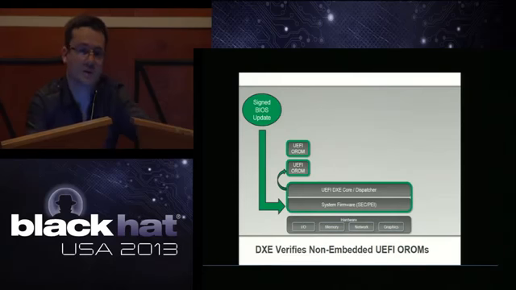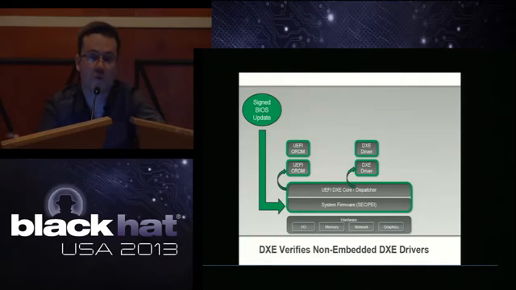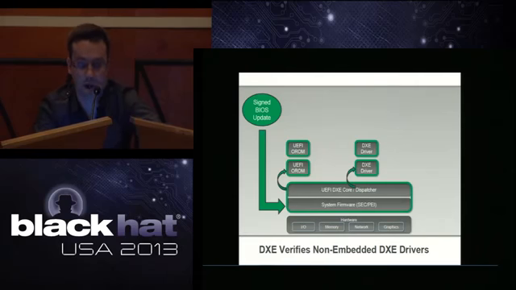Once this immutable piece of firmware is established and secured through the update mechanism, then it can do checks on the further components. For example, the option ROMs are all validated, the signatures or the hashes are validated before dispatching an option ROM. For DXE drivers, which are loaded from non-embedded media like removable or fixed drives, the signatures and hashes are checked.